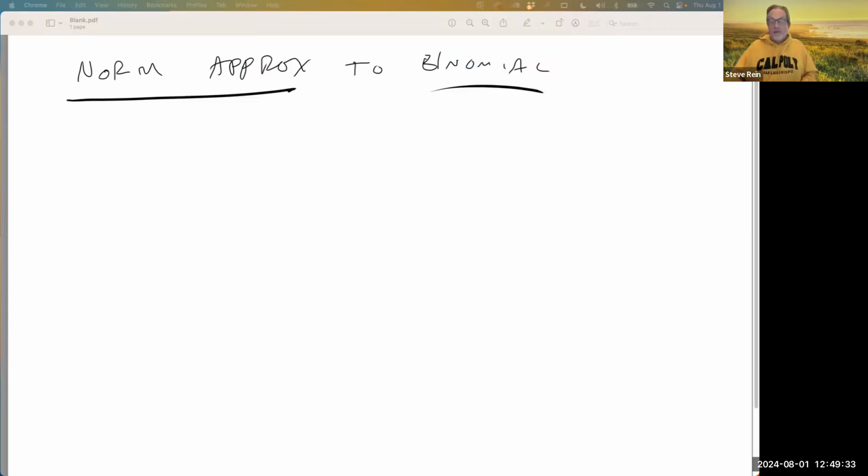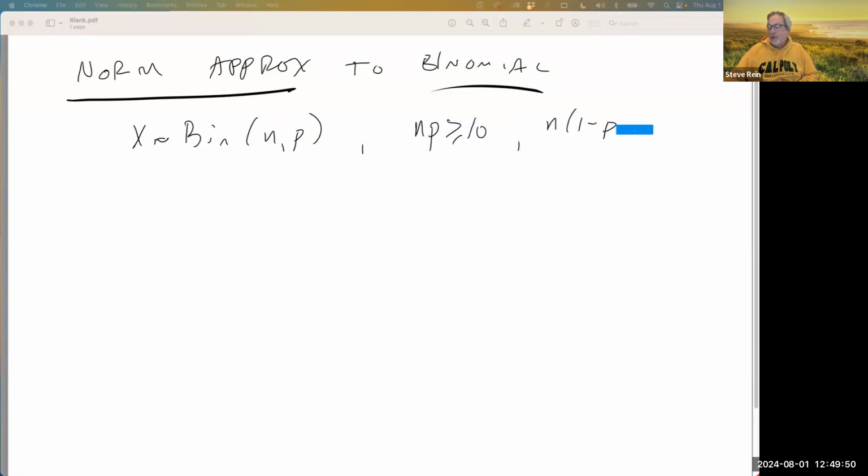If X is distributed binomial with n and p, as the number of trials and the chance of success, and if n times p is greater than or equal to 10, and n times 1 minus p is also at least 10.